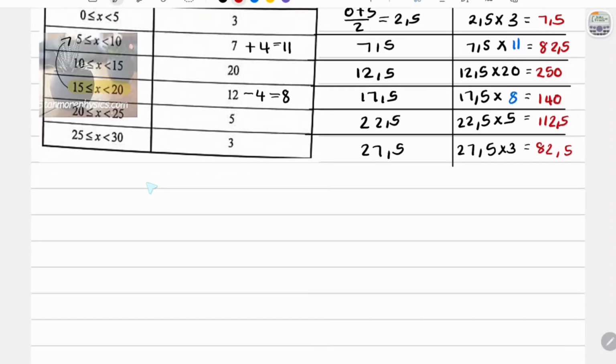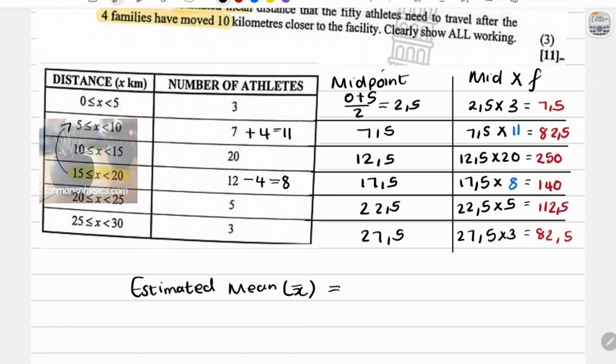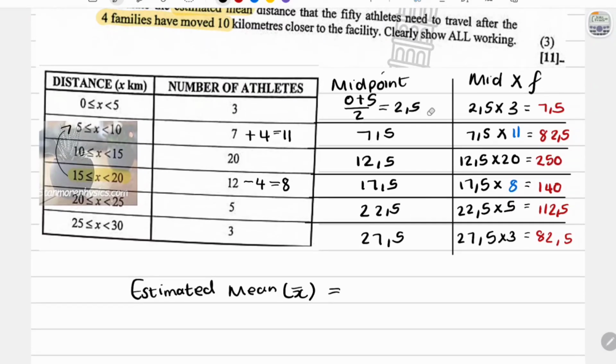Then, to actually find the estimated mean, because that's what we're looking for, the way the mean is normally found is you take all the data points that you have and divide by the number of data points. The data points that we have here would be these, because instead of just taking 2.5 kilometers, we know there are 3 athletes in this category, so the total kilometers is 7.5.